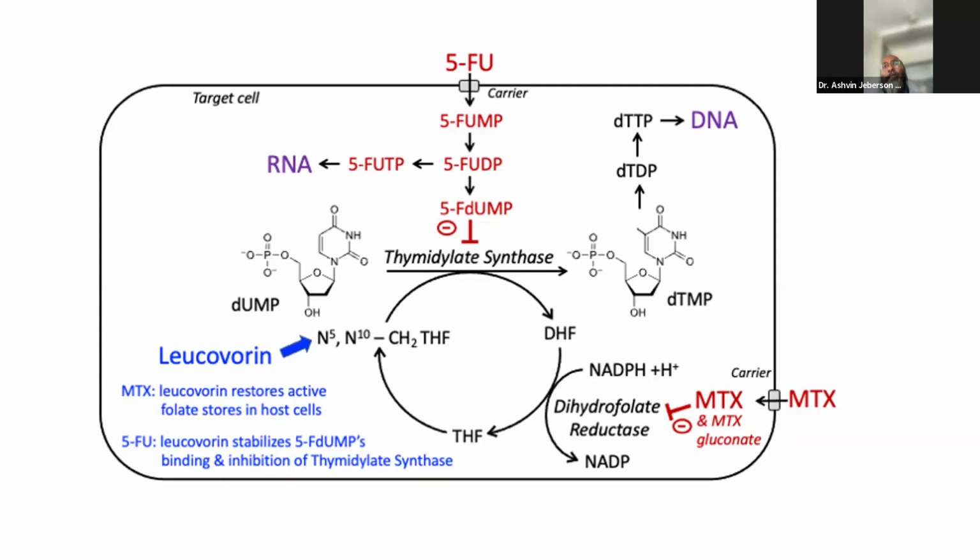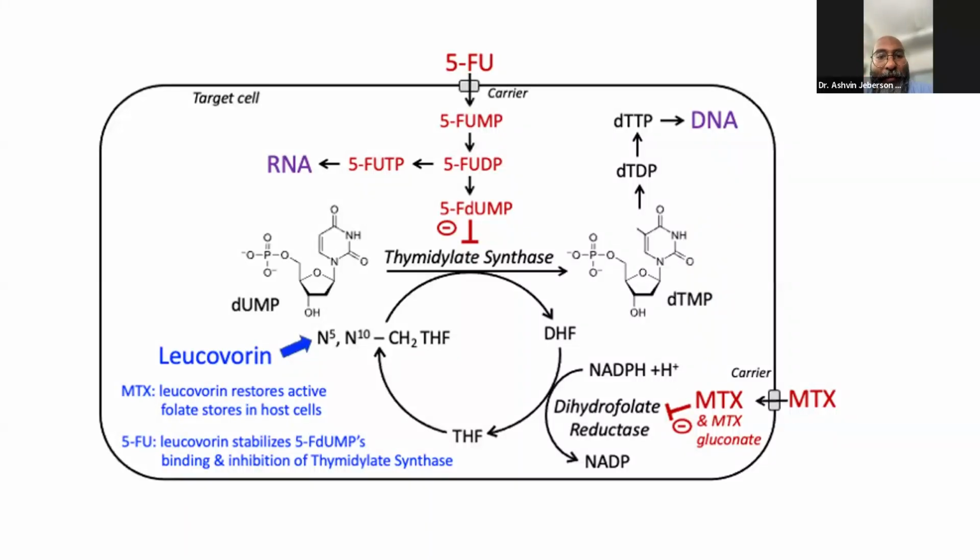Whereas adding leucovorin for 5FU is to stabilize the 5-FdUMP, which forms a stable ternary complex with thymidylate synthase, along with a folate cofactor, which is the N5,N10 methylene folate cofactor. So they all together form one stable complex.